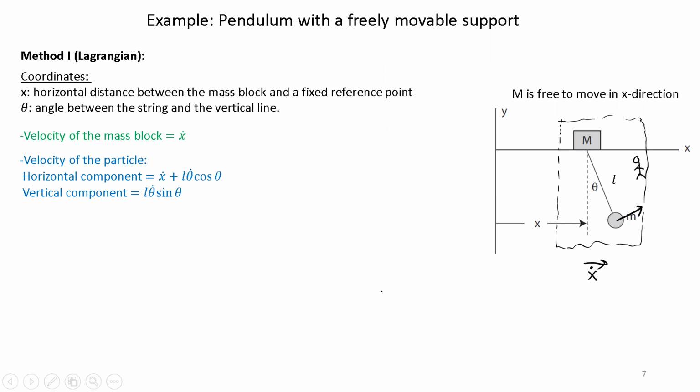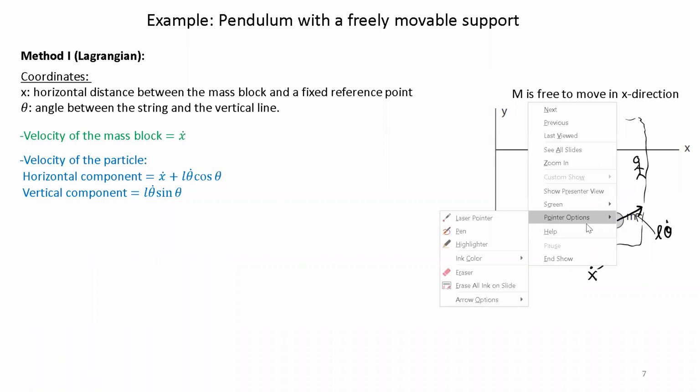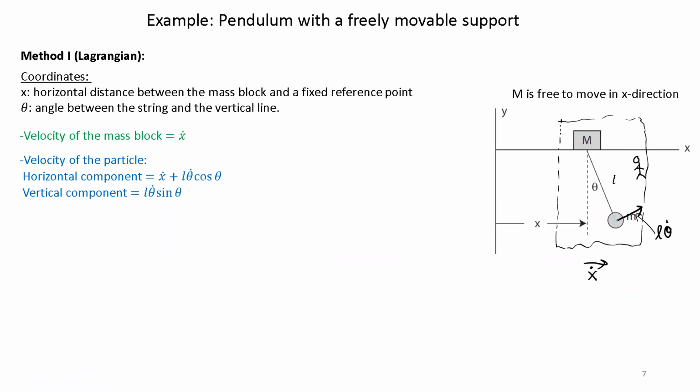And remember, the magnitude of this is just L theta dot. Now, if you want to decompose this velocity into the horizontal component and the vertical component, the horizontal one is simply L theta dot cosine theta, because this is theta, this is also theta.